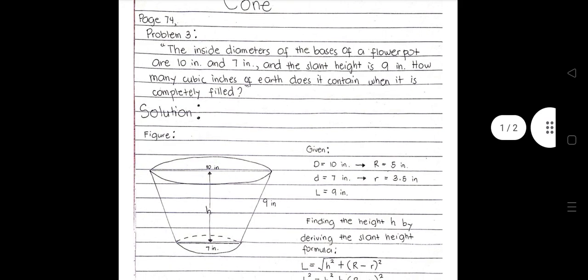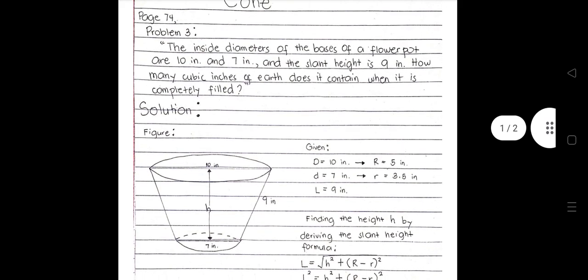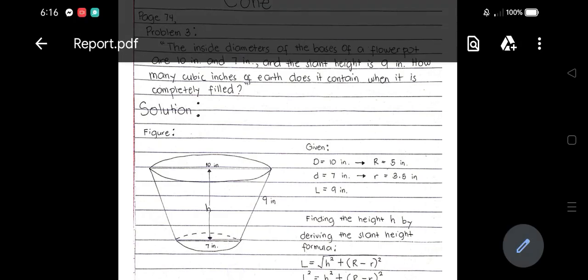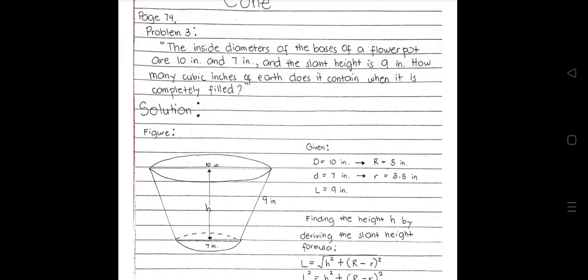That is the diameter, and the slant height is 9 inches. The question in the problem is, how many cubic inches of earth does it contain when it is completely filled? Meaning, how many cubic inches of earth fit inside when it is full. So what we are looking for is the volume.